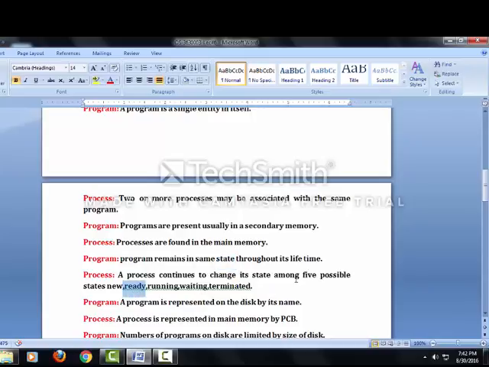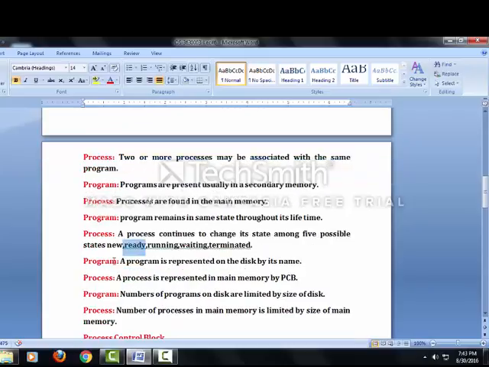We have five states in terms of a process: new, ready, running, waiting, and terminated. A process can belong to any one of these states. So a process continues to change its state among the five possible states: new, ready, running, waiting, terminated.